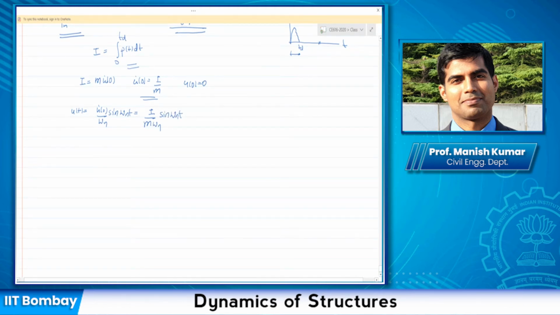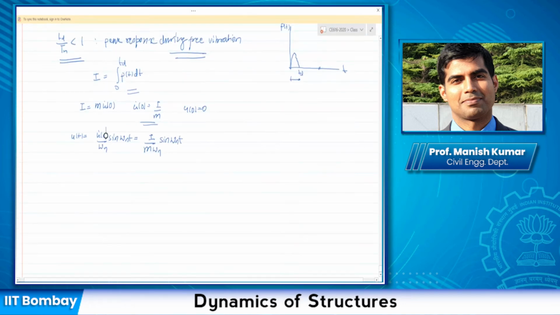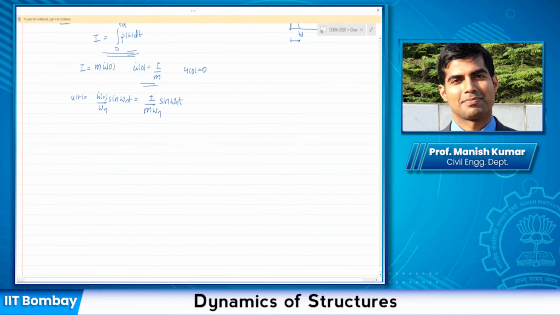All right. Now, can you imagine if this condition is satisfied, TD by Tn is much smaller than 1, and I have got my impulse using this expression. As long as my impulse is the same, it only depends on the total impulse. It does not depend on whether the shape is this or this or this.